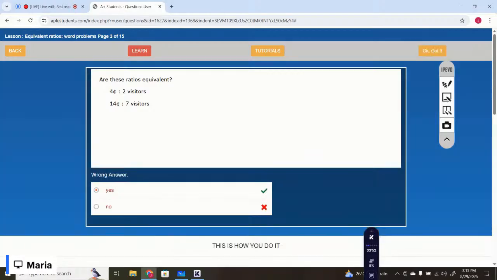Option number 2 is the correct option. But they are equal.